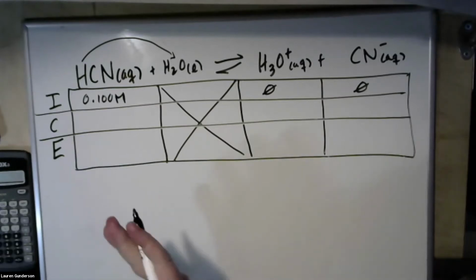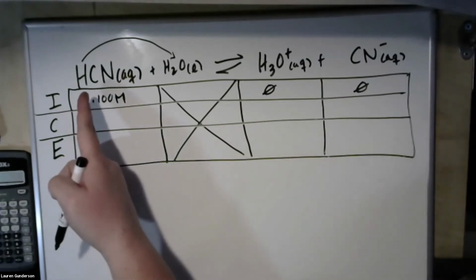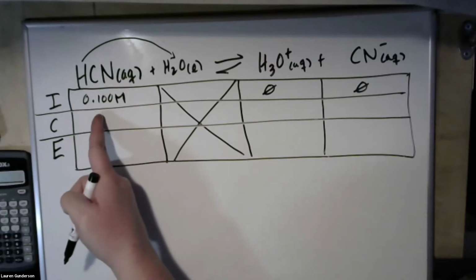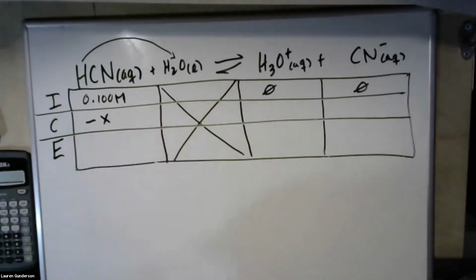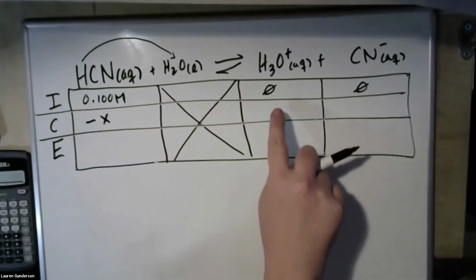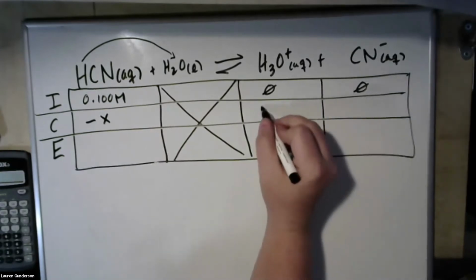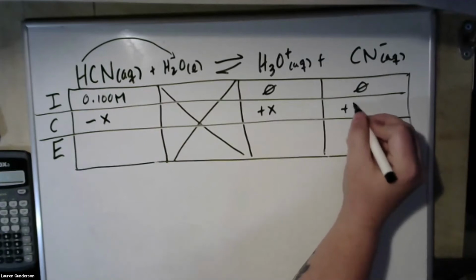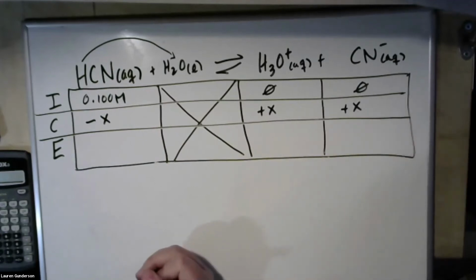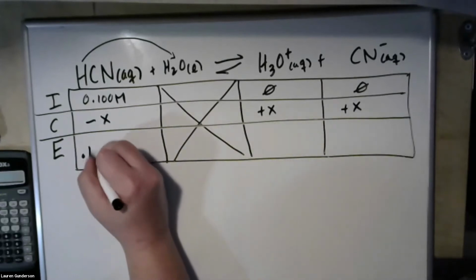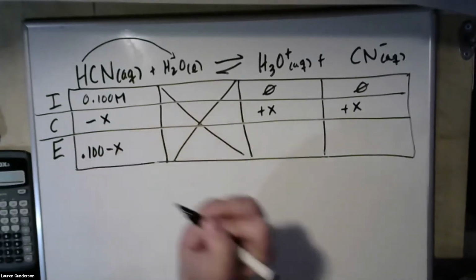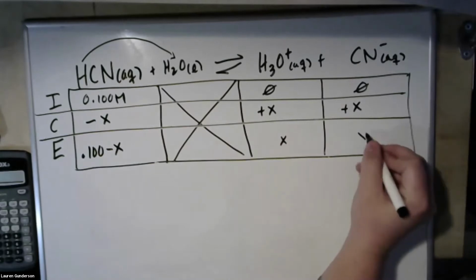As the weak acid starts to separate, its concentration is going to decrease because it's going to be forming its ions, and we're going to be creating the ions here. And we can represent our equilibrium row as 0.100 minus x, x, and x.